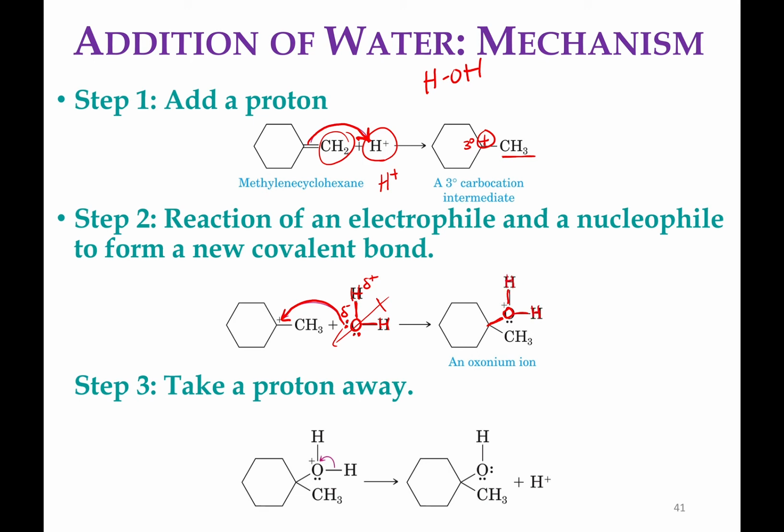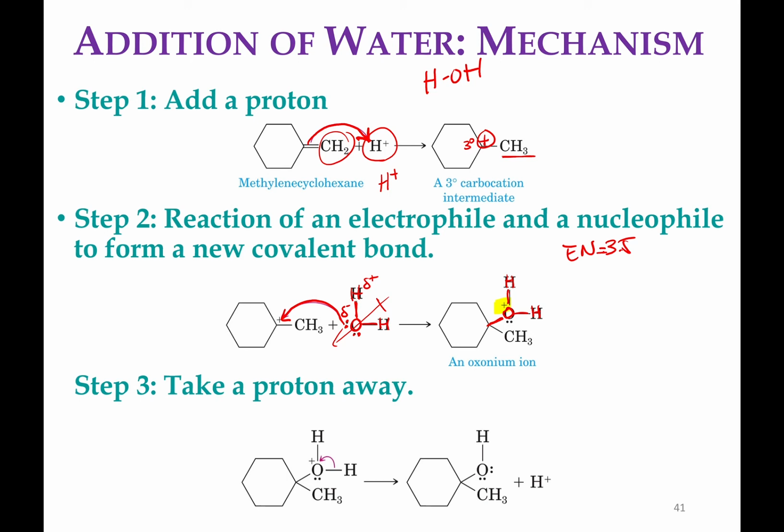And this is a problem because oxygen doesn't want to be a carbocation even more than carbon, if you can believe it, because oxygen is a highly electronegative element, having an electronegativity of about 3.5. So it does not want to have that positive charge. It would much prefer to have a negative charge.